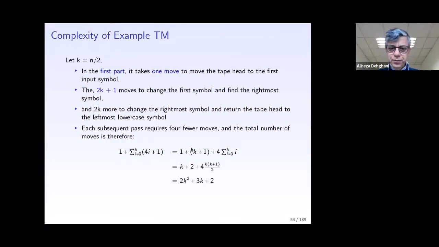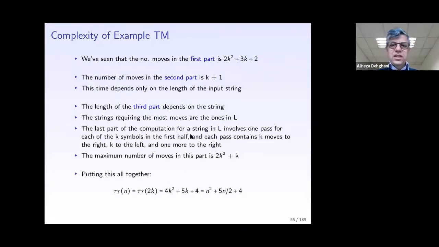And then the second part takes this number of moves, and the last part takes something like that. If you sum all things together, we get n² + 5n/2 + 4 as the time complexity of that machine to work on that specific string and say if it is rejected or accepted.